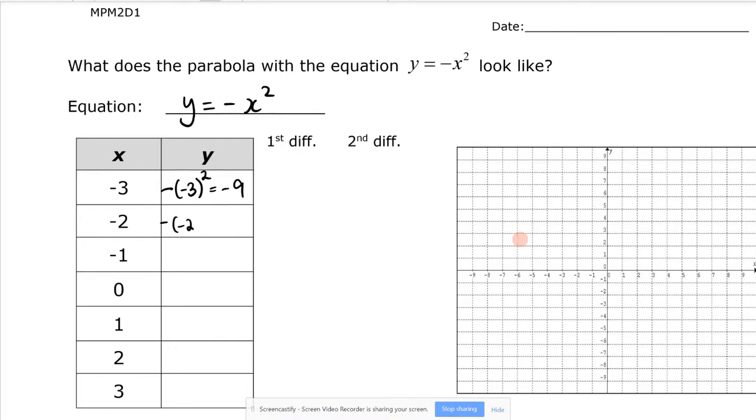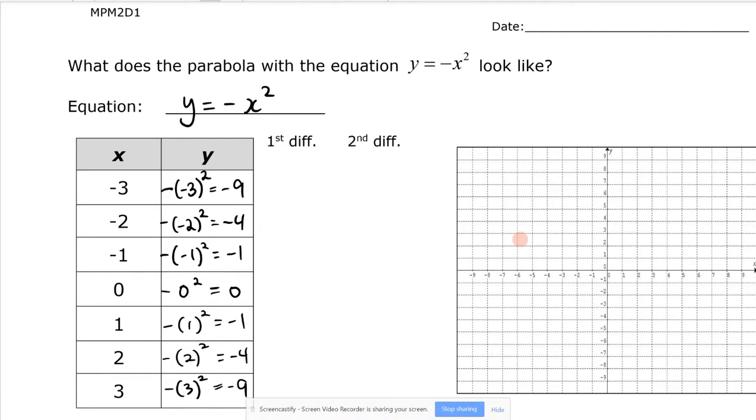Negative of negative 2 squared is negative 4. Negative of negative 1 squared is negative 1. 0 squared, no matter if you have a negative in front or not, is still 0. And negative of 1 squared is negative 1. Negative of 2 squared is negative 4. And negative of 3 squared is negative 9.